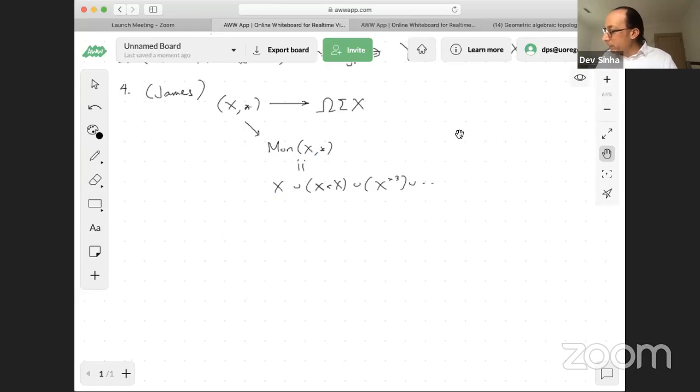And then if I've got some x1, something in which the base point occurs, that's going to be identified with what we get when we omit it.